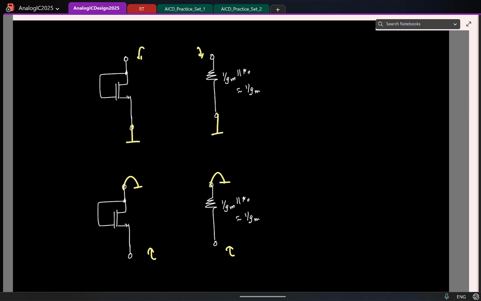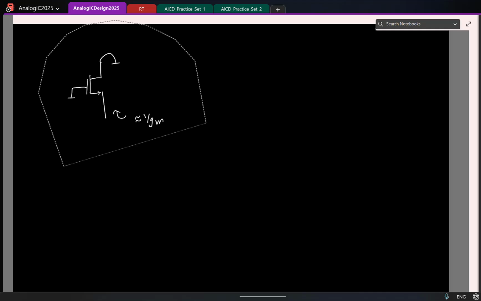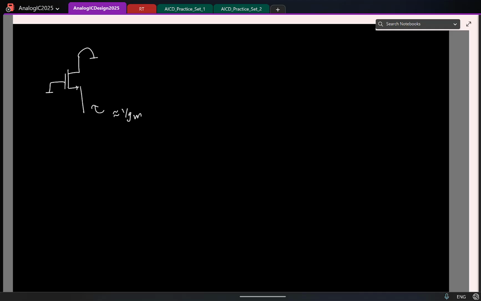Okay, great. So which means if I have something like this, the looking in resistance is roughly 1 by gm. And one thing to notice, the resistance looking into the source is not always 1 by gm, especially if you have a resistor connected at the drain side.